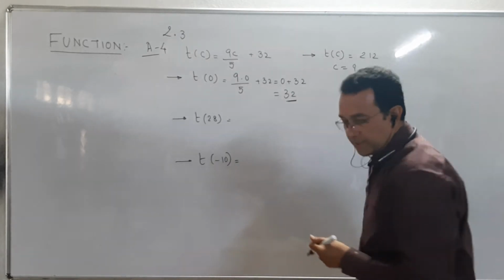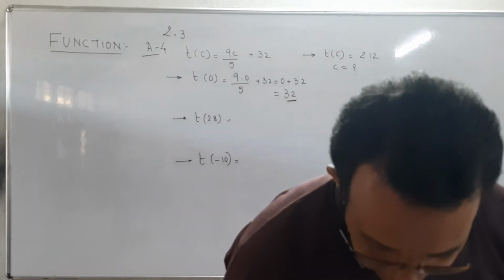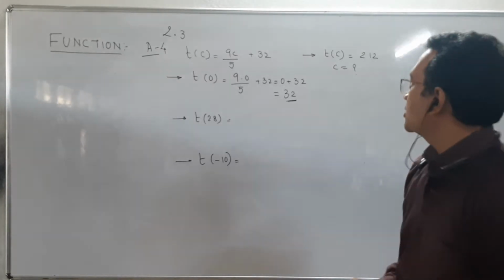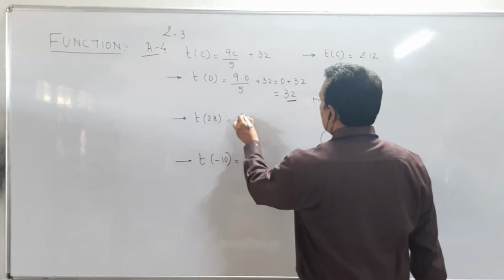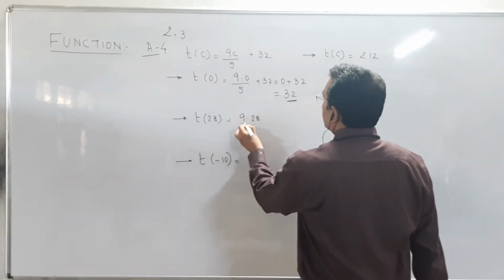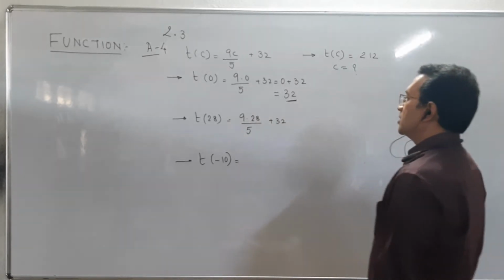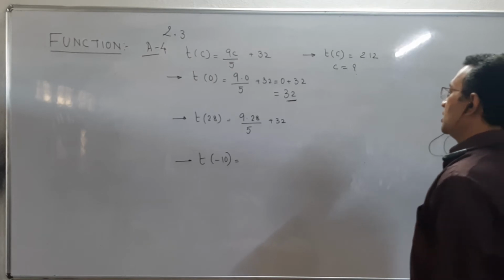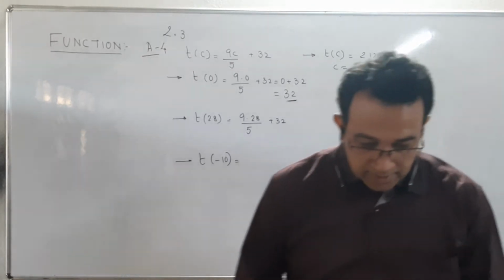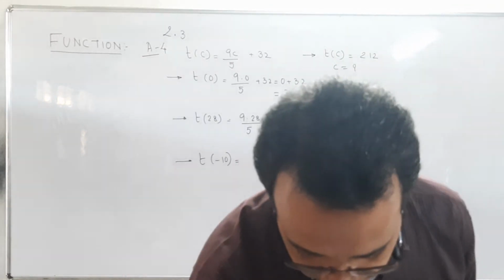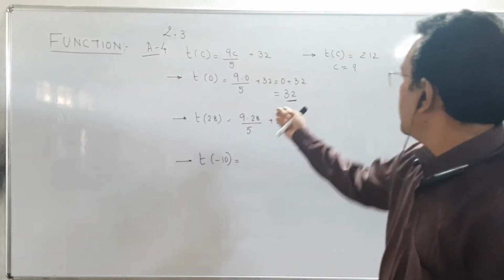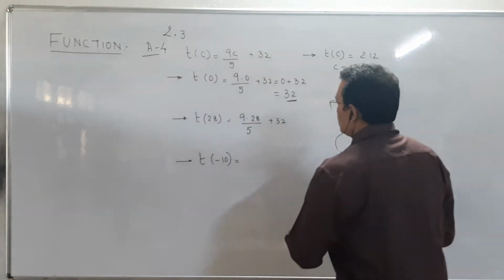Then it is T of 28. Okay. 9 into 28 by 5 plus 32. Now, students, to find T of 28, 9 into 28 by 5 plus 32, very easy, students.